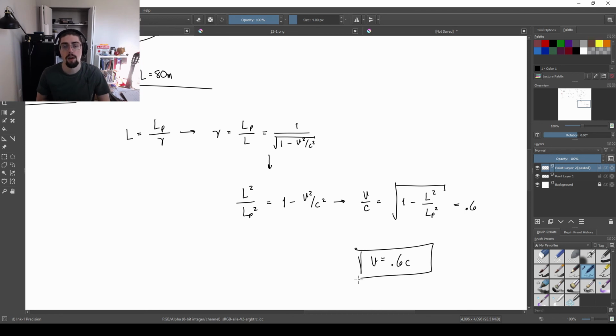I would say a 20% contraction is a pretty appreciable amount, right? That's noticeable at that point. But it takes a very, very fast speed to actually get there. And keep in mind that 0.6c is a ridiculously fast speed. It is not something that we have ever achieved with any of our own rocket ships. Not even close. This is a crazy fast, sci-fi kind of speed.